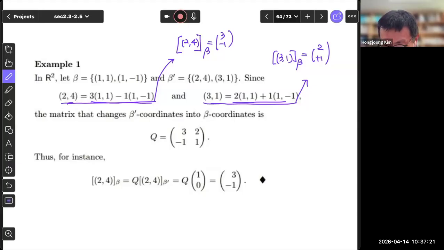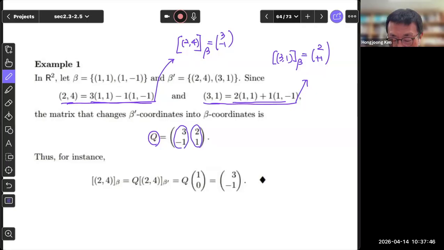So the matrix representing this identity mapping, but with different bases, beta prime for the domain and beta for the codomain, that Q consists of (3, -1) and (2, 1), right?